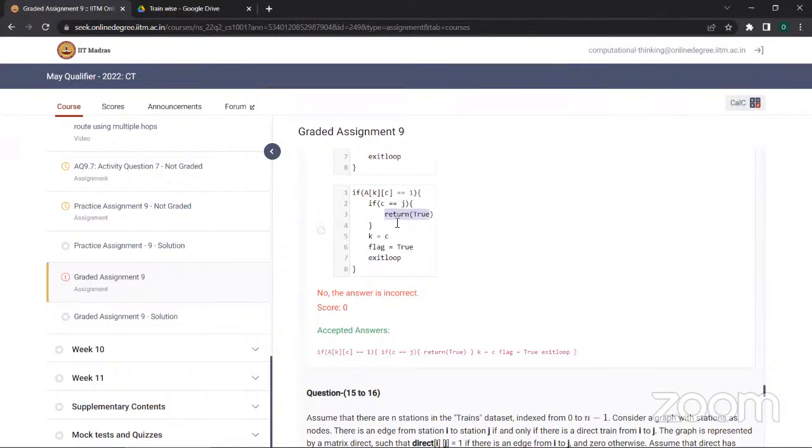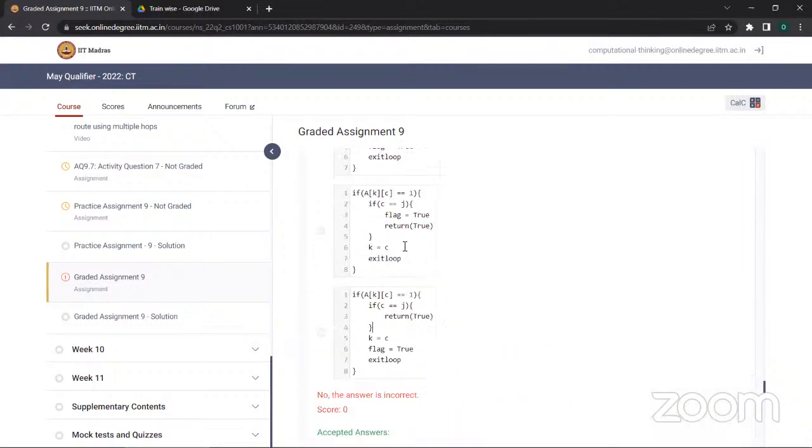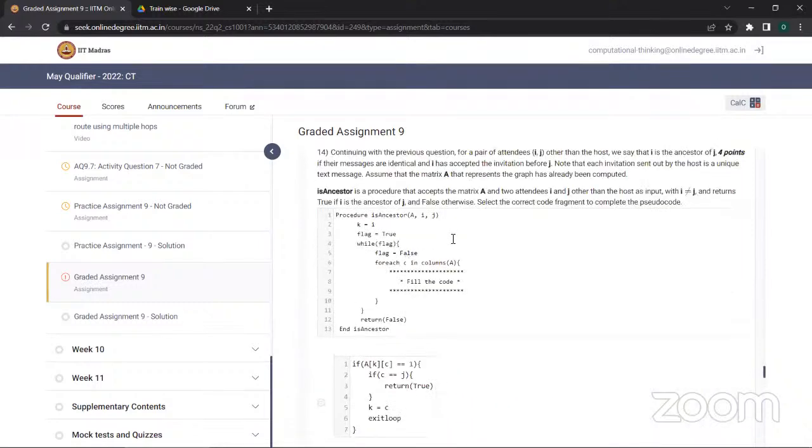Yes, sir, but we have to check is an ancestor. If there is only one, you gave me the example 0 to 2. But if there is 0 to 1, we have to check between 0 and 1 then. So if 0 to 1 itself you want to check, right?